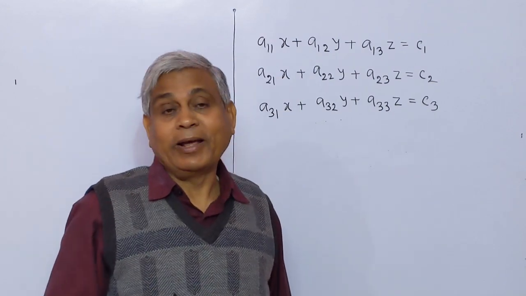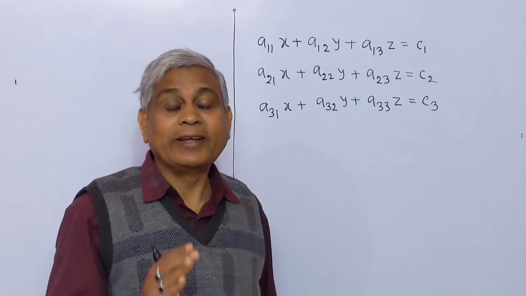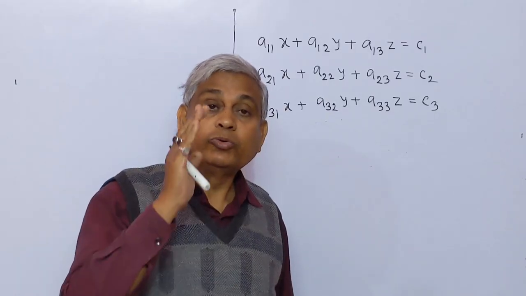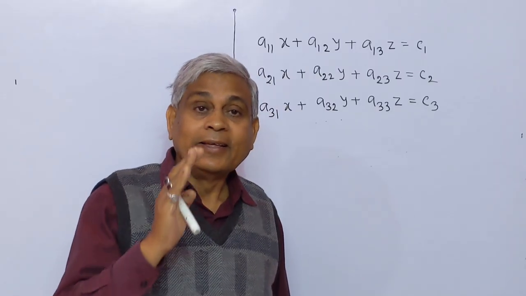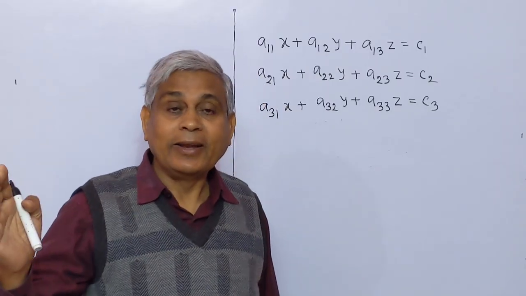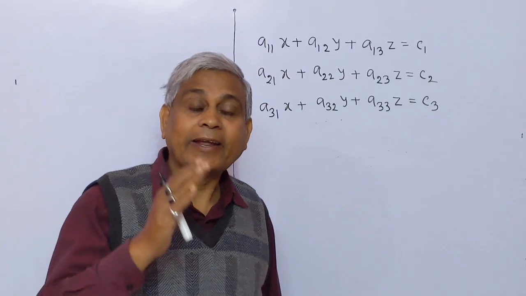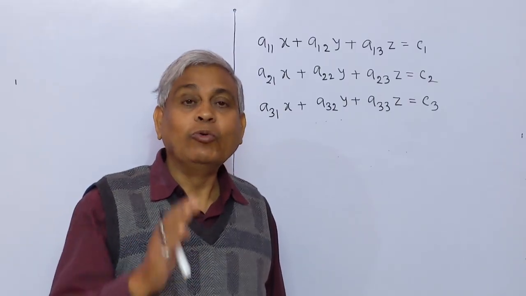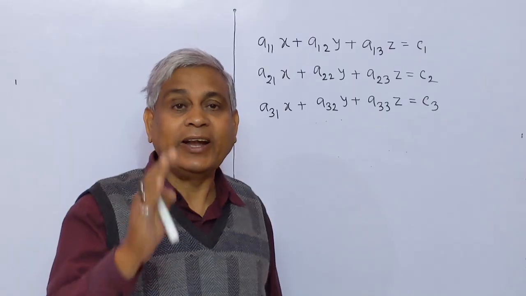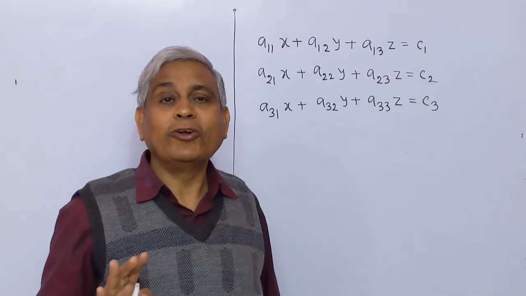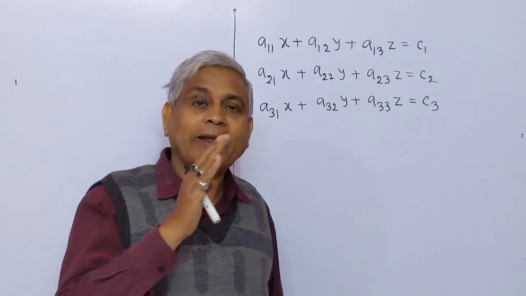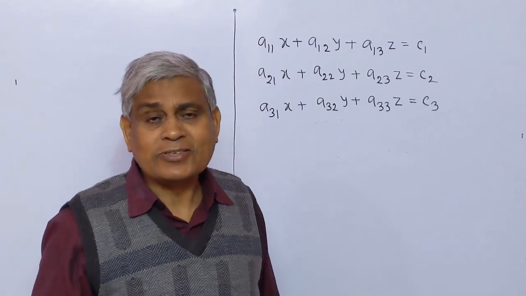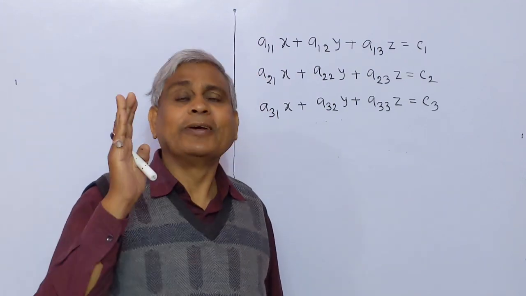In linear algebra, we will get some terms and their properties which will indicate whether these three straight lines intersect at a common point or not. That is, whether a unique value of x, y, z may be obtained or not, or whether they are parallel or not. Different conditions will be developed.